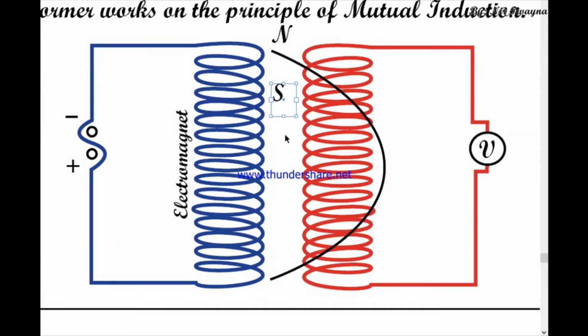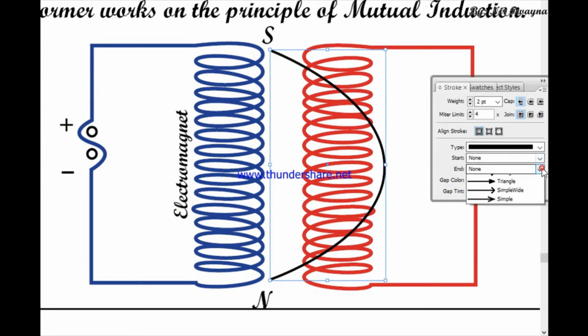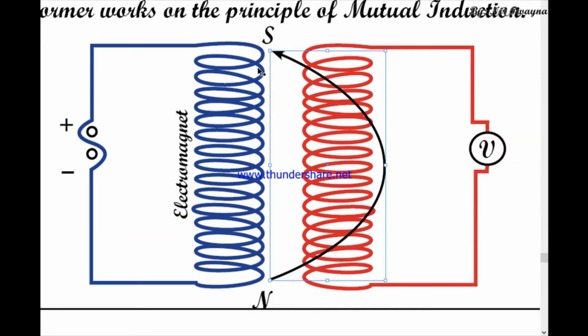Previously the magnetic field was running in this direction. Look at the arrow. But later on, when the polarity of the AC current changes, the flow of current in the solenoid also changes.